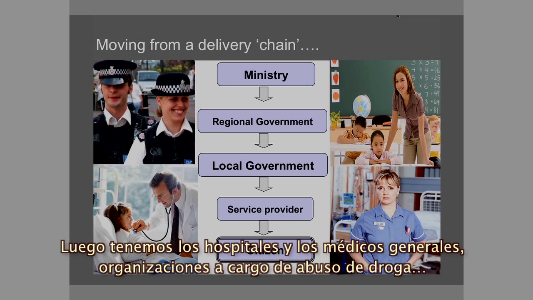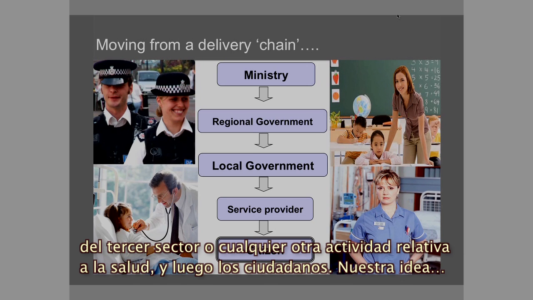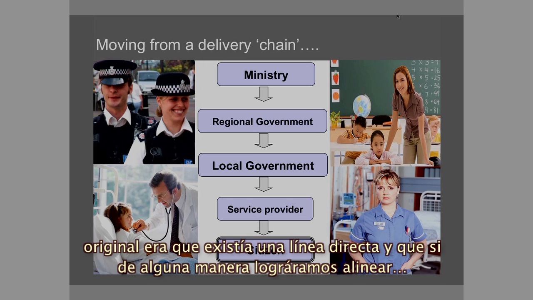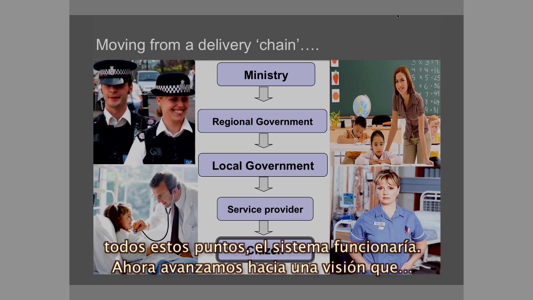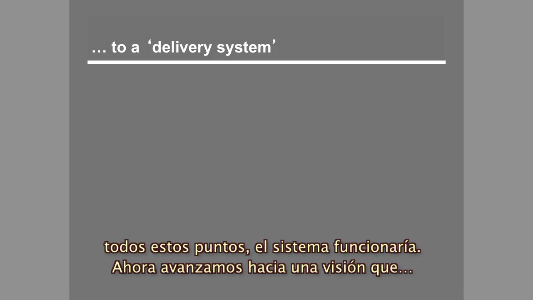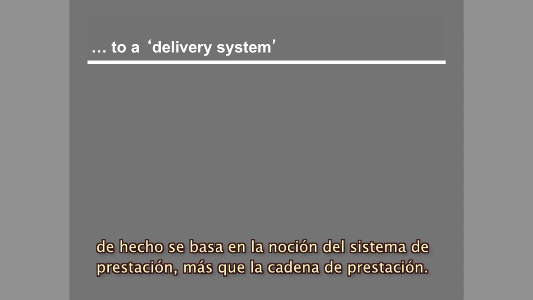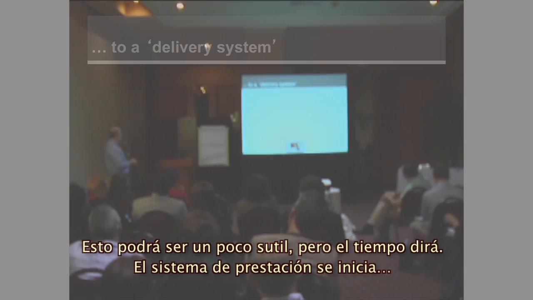You then had hospitals and general practitioners, third sector organizations on drug abuse or other sorts of health-related activities. And then you had citizens. And our original thinking was there was a direct line, and somehow if we aligned all of those, the system would work. We've now moved to a view which is actually predicated on the notion of a delivery system rather than a delivery chain. This may just be a bit too subtle, but time will tell.